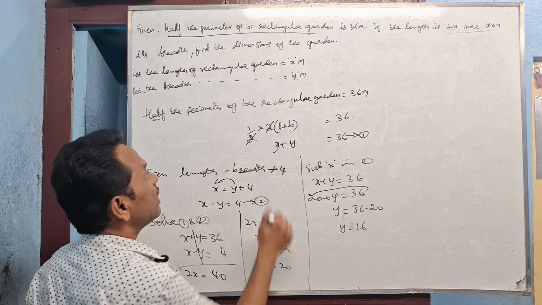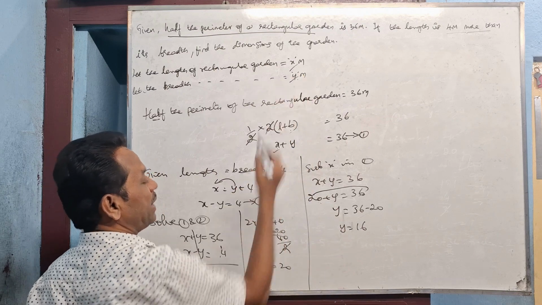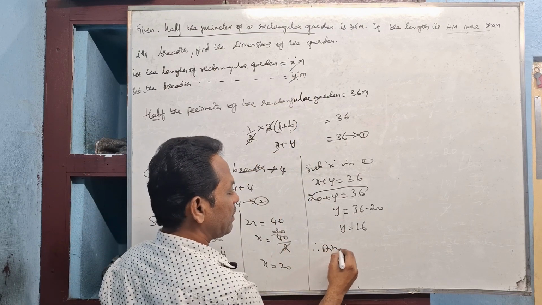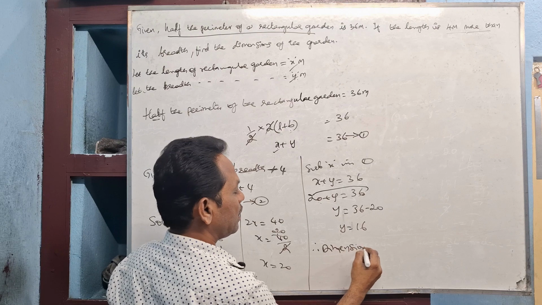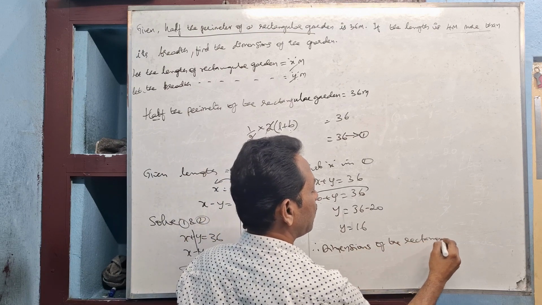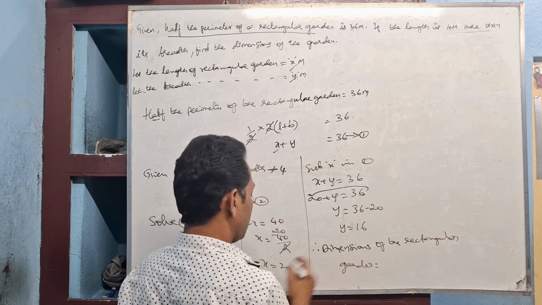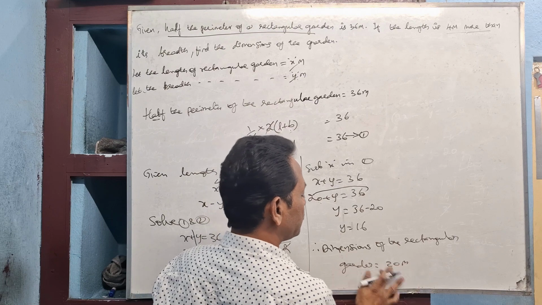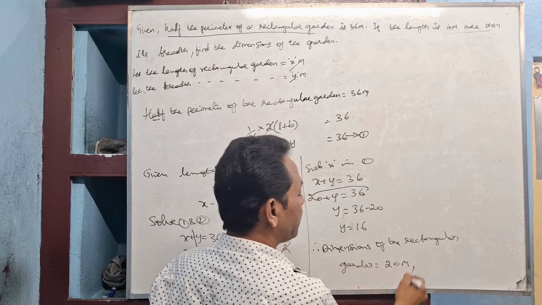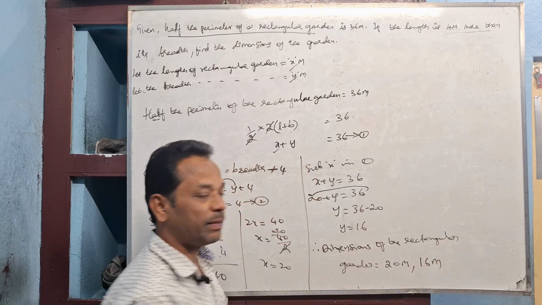Here x is the length and y is the breadth. Therefore, the dimensions of the rectangular garden are 20 meters length and 16 meters breadth.